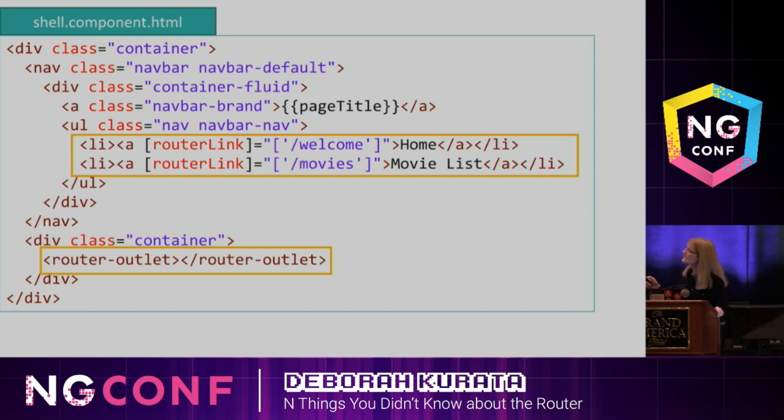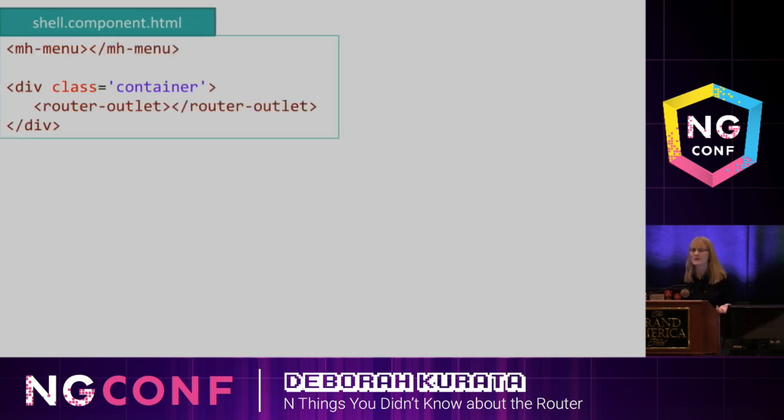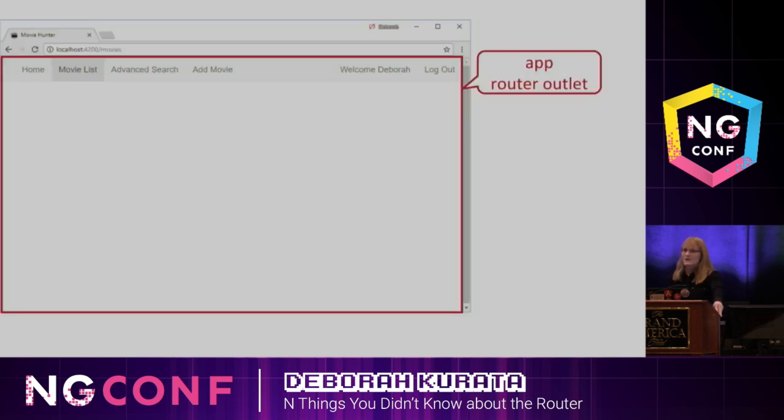Now we can simplify this code even further by taking out our menu stuff, putting it into its own menu component, and then we end up with our shell component looking something like that, with just our nested router outlet and a reference to our menu component. So then we have our app router outlet, which was the whole display underneath in our browser client area.